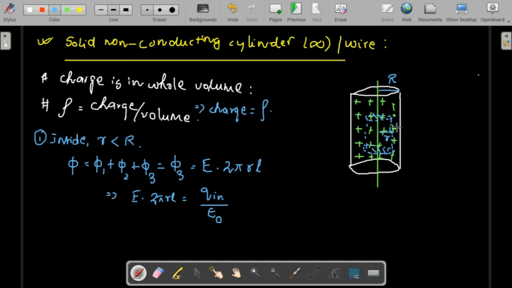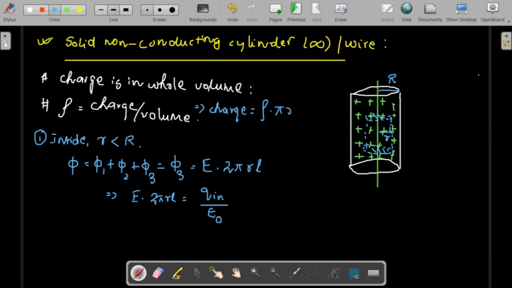So we have to know the charge enclosed by this particular cylinder. For that we find the volume of this cylinder, because this cylinder is also enclosing charge, since the charge is distributed in the cylinder. This was the formula for area. Volume is in meter cube.